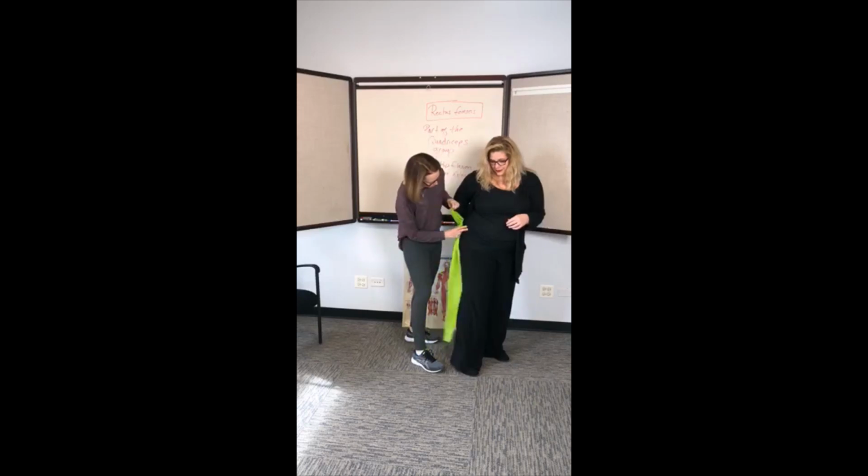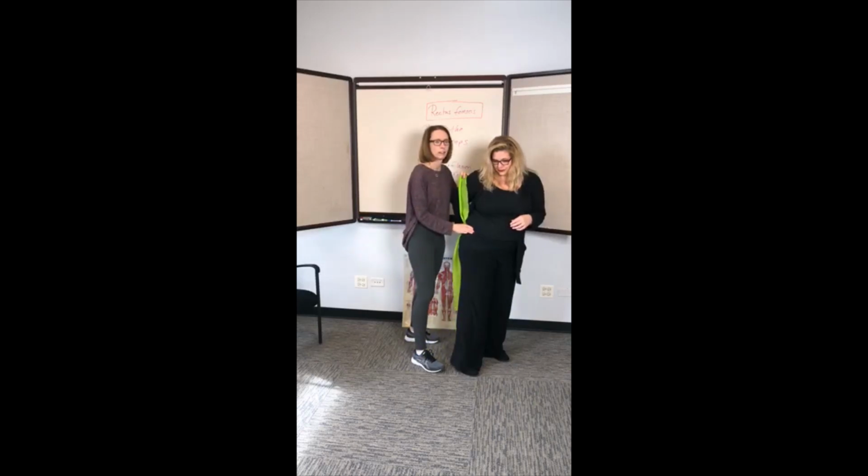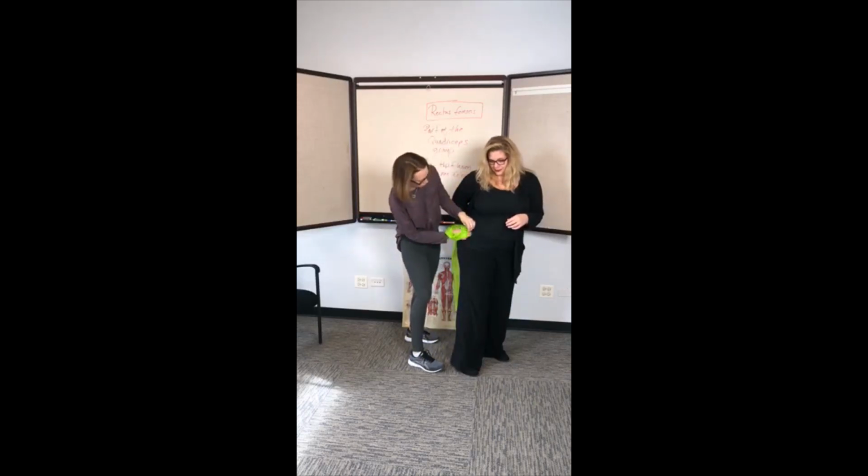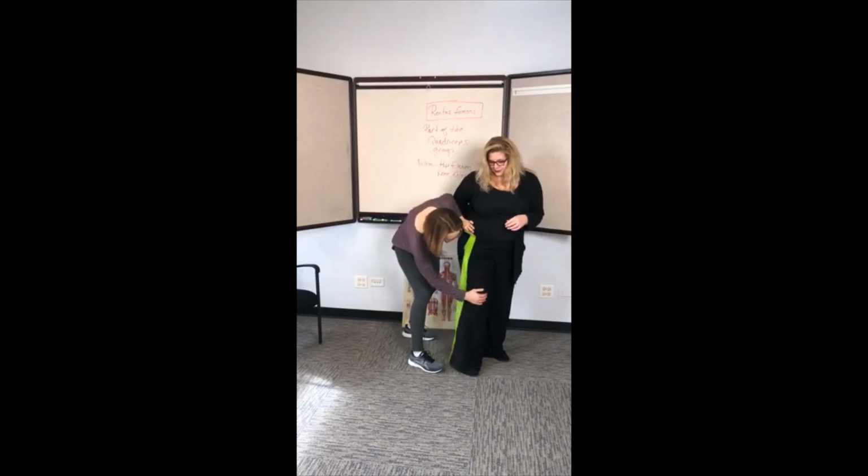So I'm going to find her ASIS, move just a little bit medial, and then it's going to come down, and I'm going to find her tibial tuberosity, which is just an inch below the patella, and boom, there's that fiber direction for rectus femoris.